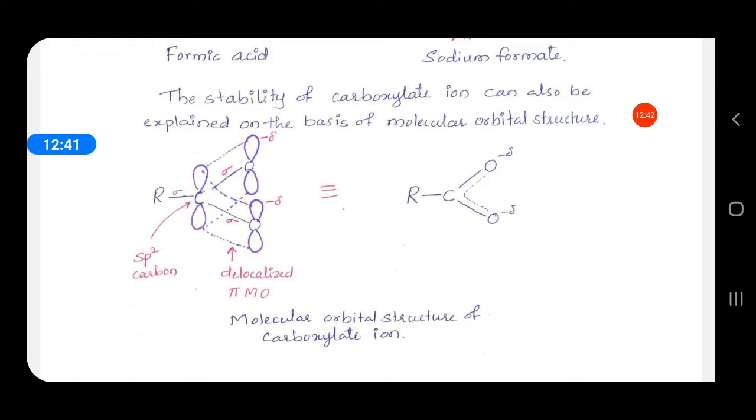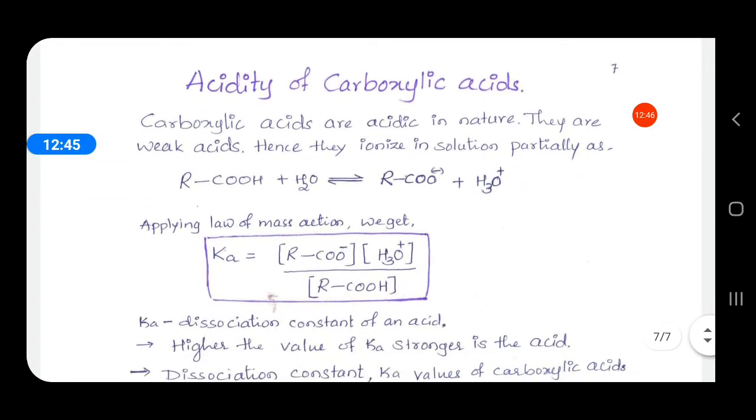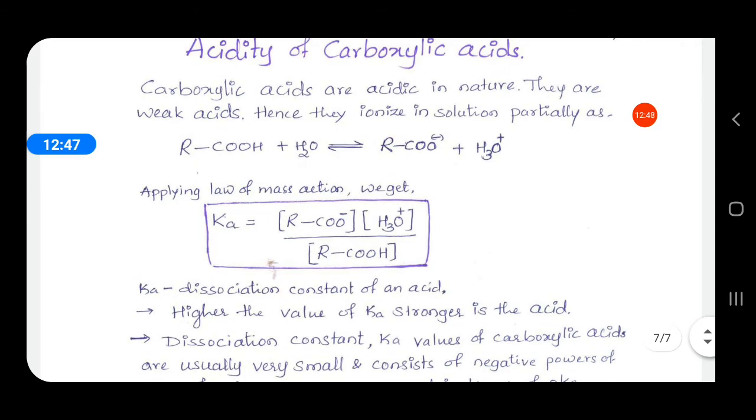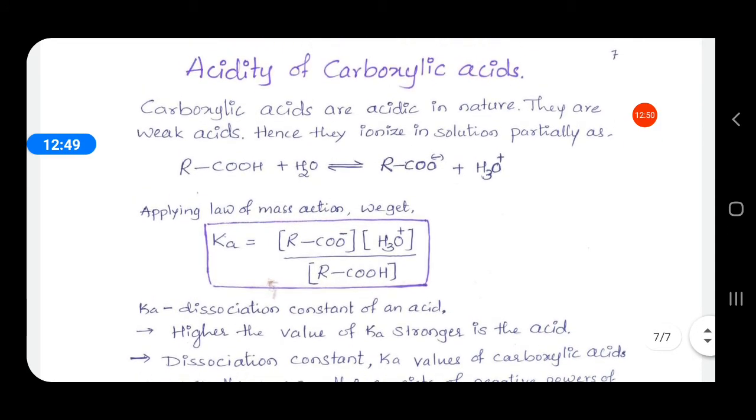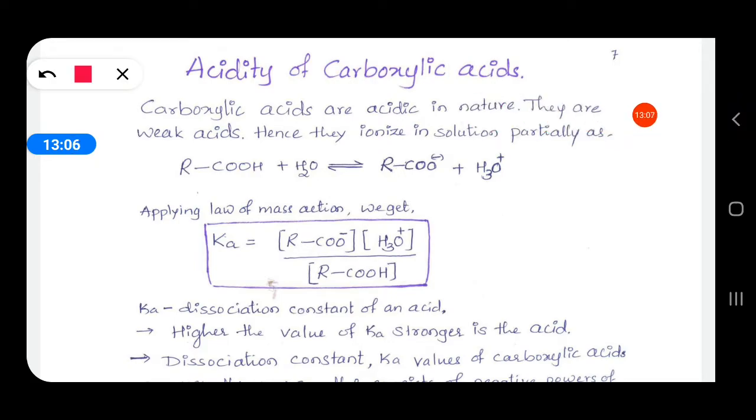So let us see the acidic nature of carboxylic acids, the acidity of carboxylic acids. When compounds are called acidic, it means they are giving H plus ions. So carboxylic acids are acidic in nature. They are weak acids, hence they ionize in solution partially.